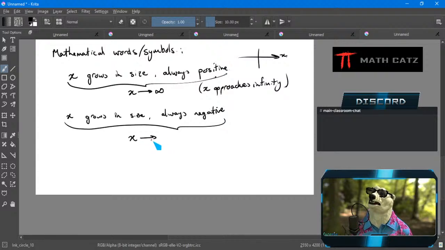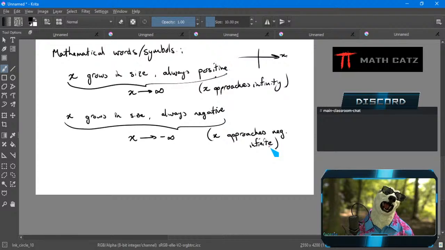It's a behavior. That's where the arrow comes in. And then negative infinity to indicate that it's going in the opposite direction. And we sometimes say, or it's a little more casual, to say x approaches negative infinity.